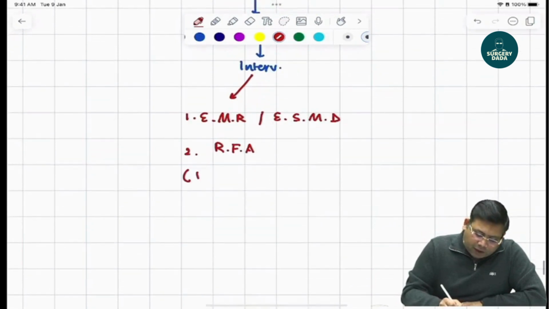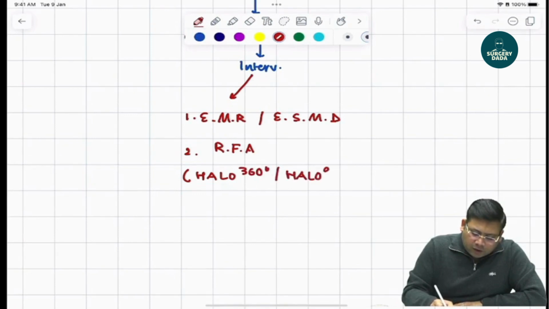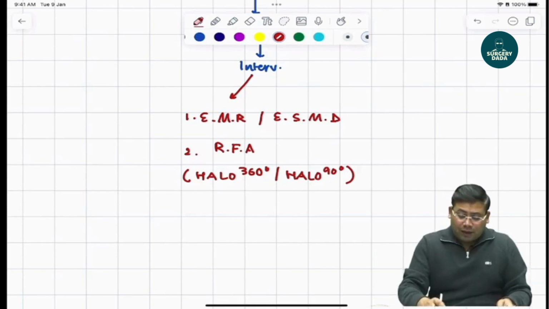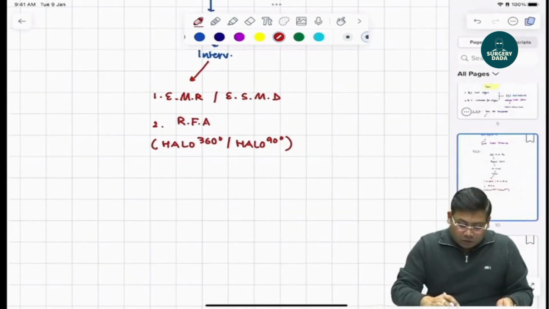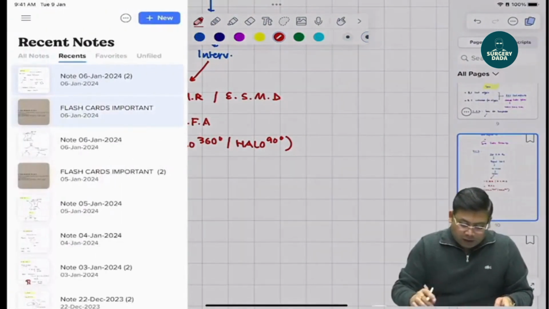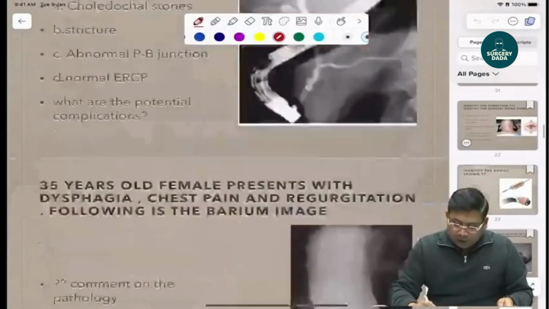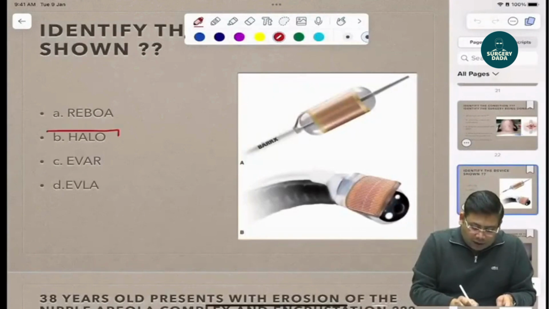And here we have a technique which is known as Halo 360 degree, or you can use Halo 90 degree. We have Halo 360, or one more, that is Strata. I'll show one image also to you, and that will clear what is Halo 90, Halo 360. Okay, this is a Halo device.